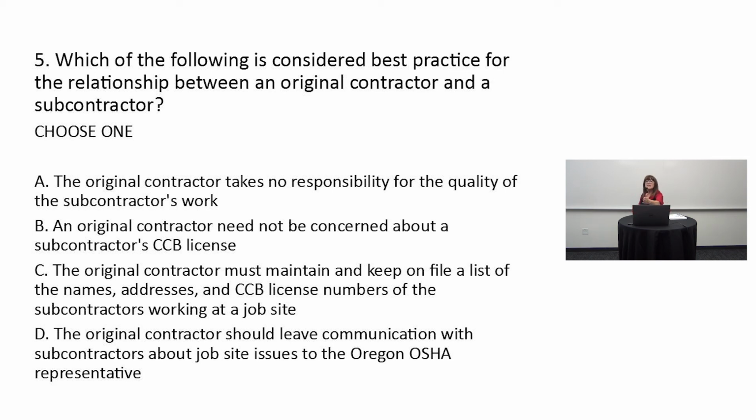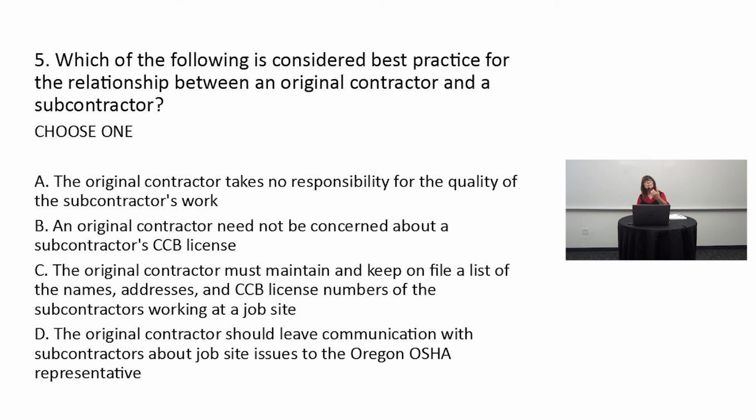Which of the following is considered best practice for the relationship between an original contractor and a subcontractor? Choose one. A, the original contractor takes no responsibility for the quality of the subcontractor's work. We wish. B, an original contractor need not be concerned about a subcontractor's CCB license.